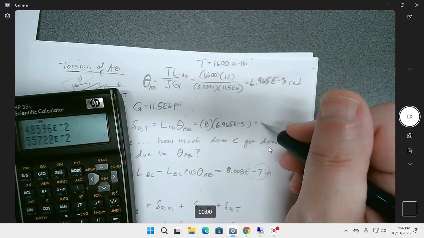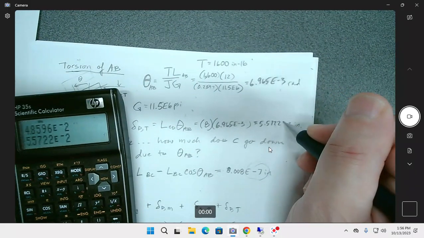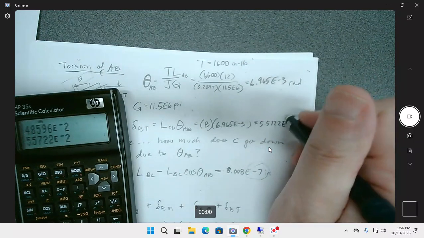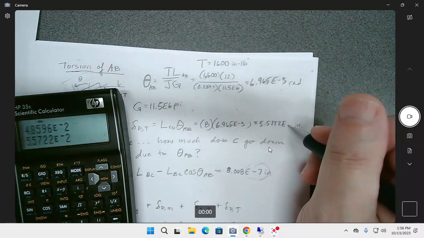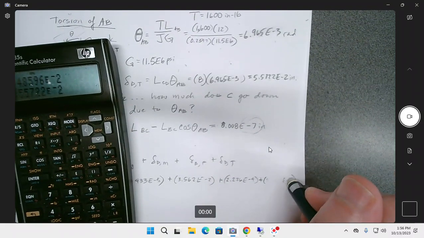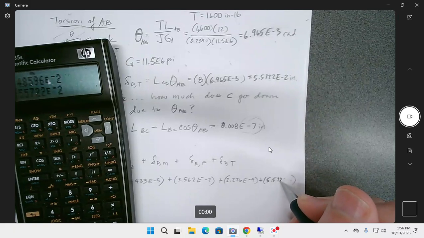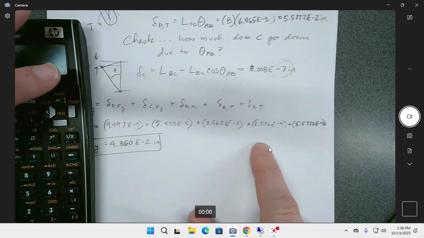Boom. So, oh yeah, it's 5.5722 E minus 2. So, plug these other ones in there.